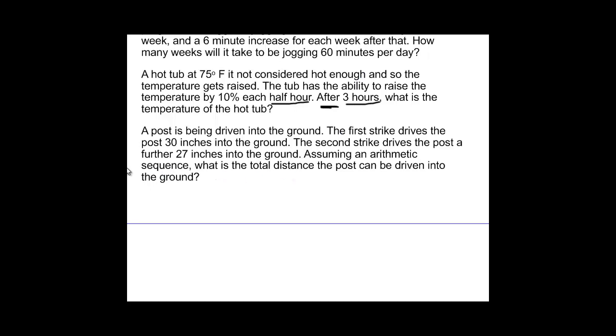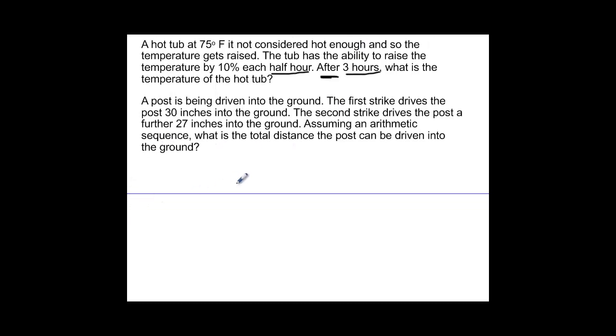Okay, last question involves a post being driven into the ground. And so once again, I'm going to recommend start with a table of values. So basically the best way of describing this would be what strike number he's on, and then this would be how far the spike can go into the ground.